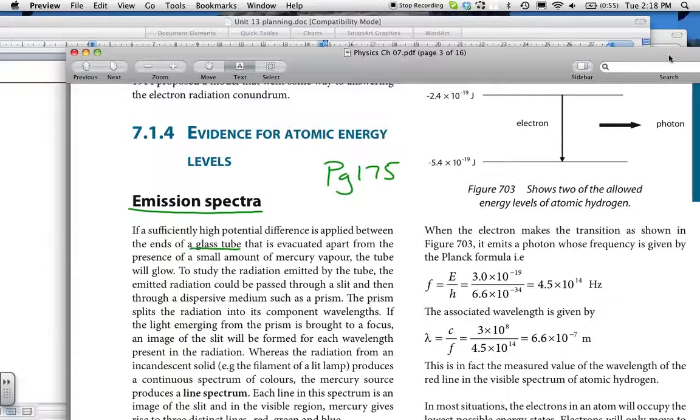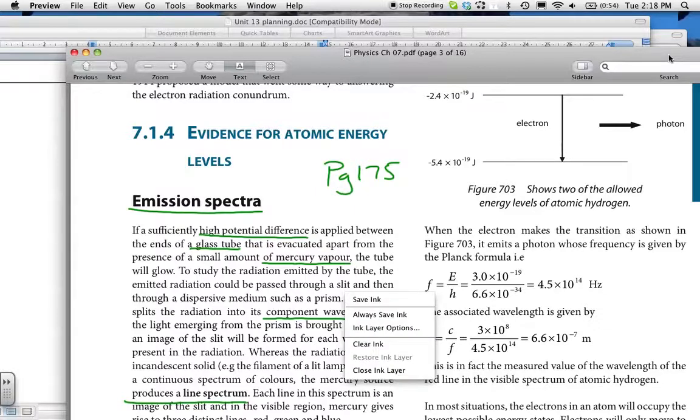You can use mercury vapor, and if a high potential difference is applied, there is a glow, there is light. If the light that comes from this is split into its component wavelengths, you will see the different line spectra coming out. So this is a way of producing a line spectrum.